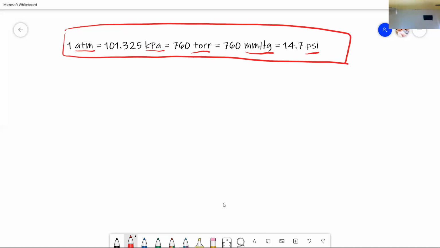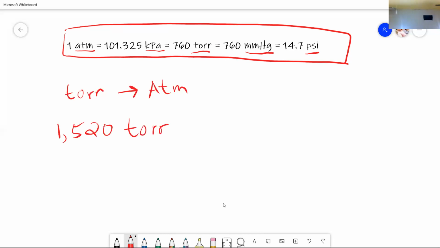For example, what if you're asked to convert torr to ATM? What are you going to do? What if it is 1,520 torr?